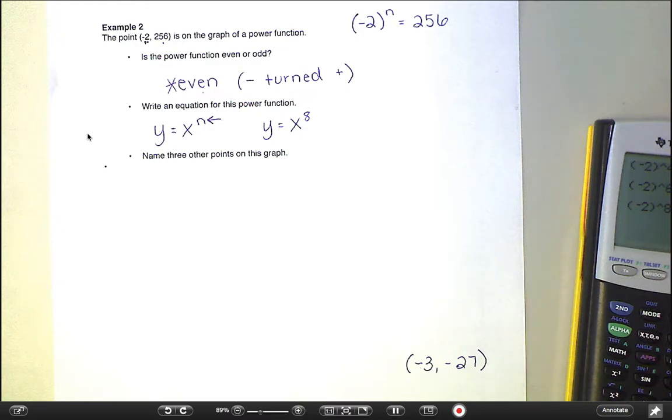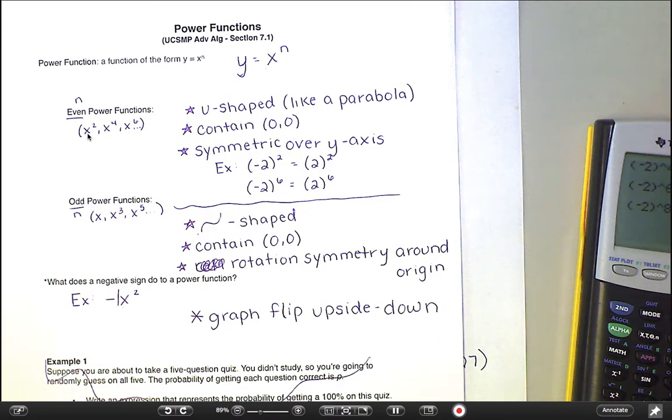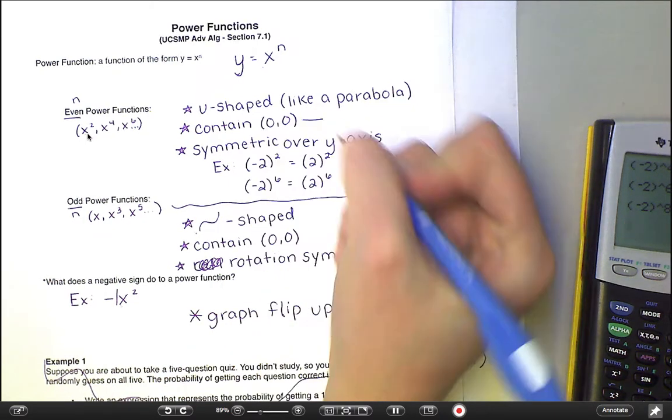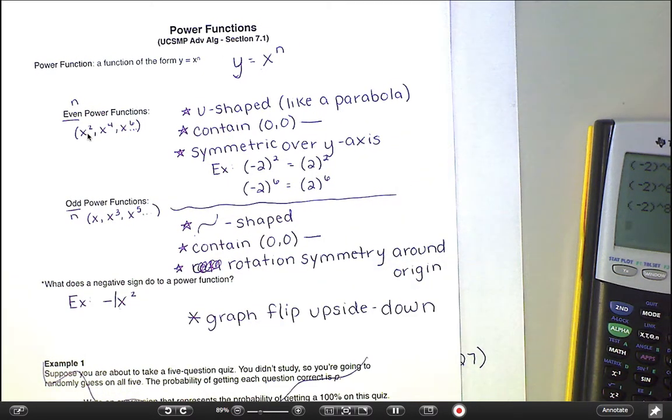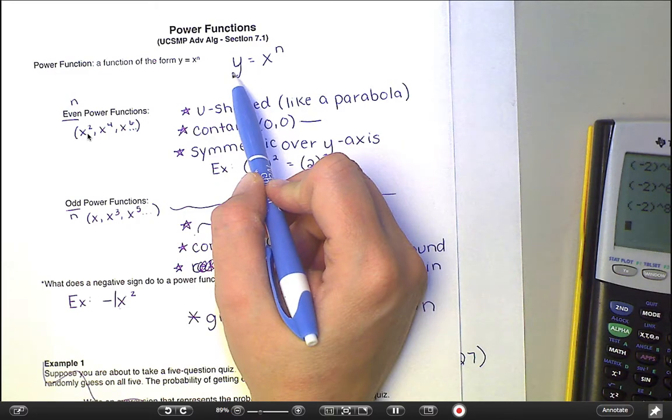Then it says name 3 other points on this graph. I want to give you 2 easy answers to this question. Not that the other answers aren't easy, but I want you to look back at this for a second. I don't care whether this is an even power function or an odd power function. Both types of function are always going to contain 0, 0, because if you think about it, 0 to any power is going to equal 0.